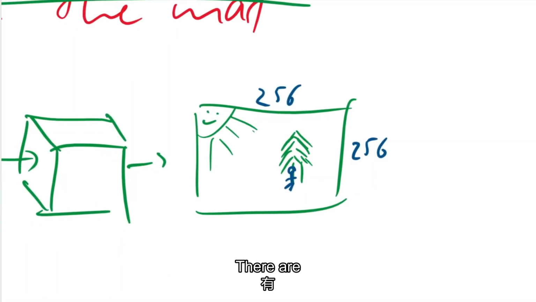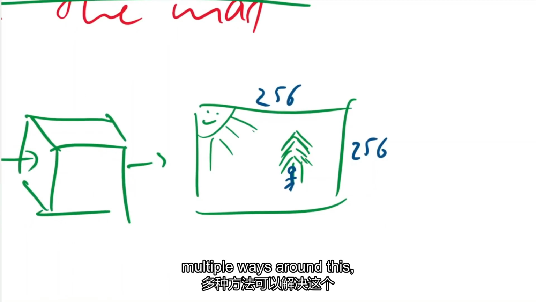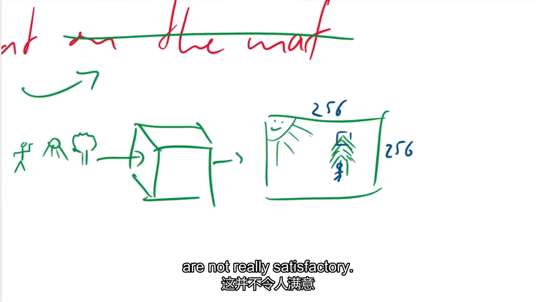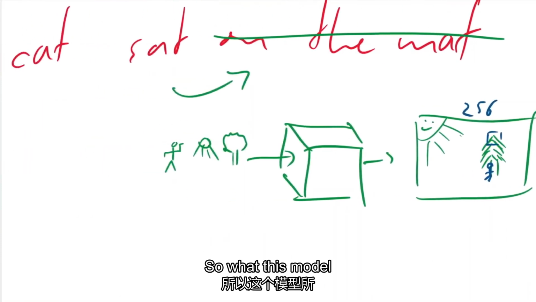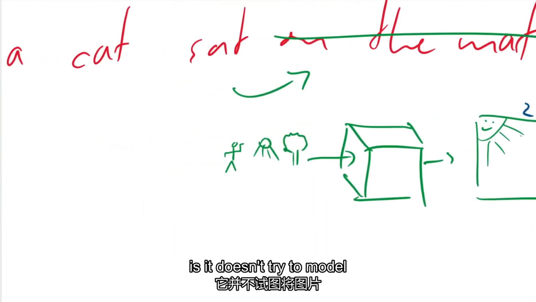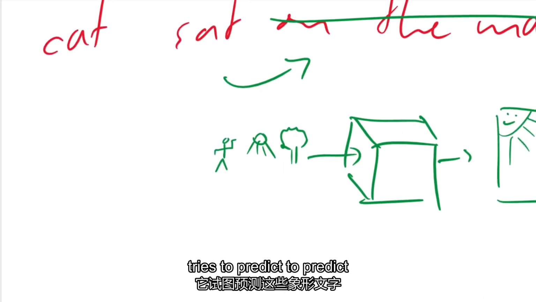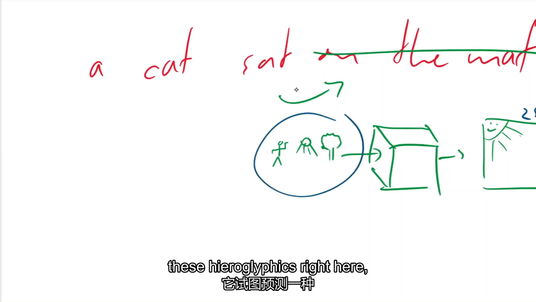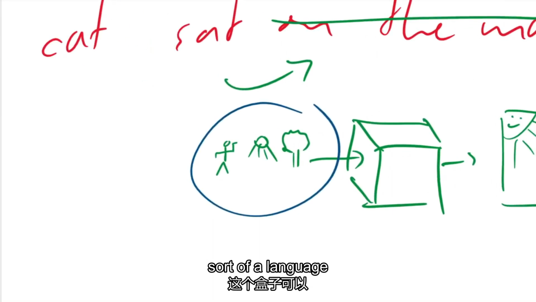So there are multiple ways around this, for example modeling little regions, which is not really satisfactory. So what this model does is it doesn't try to model the picture as such. It tries to predict these hieroglyphs right here, a language that this box can understand and produce a picture from.